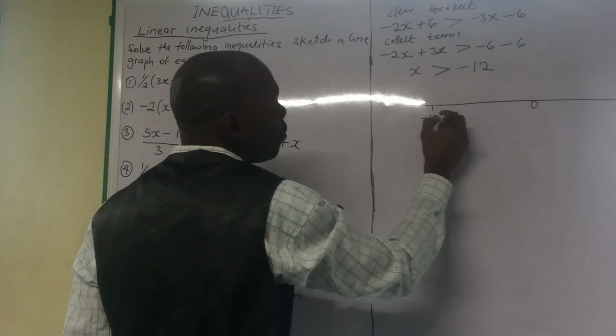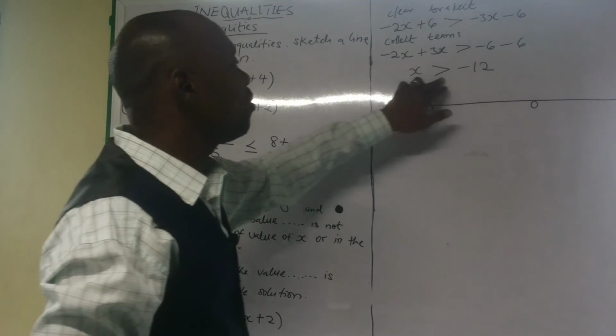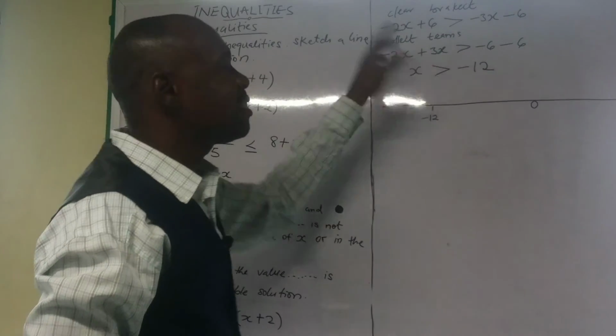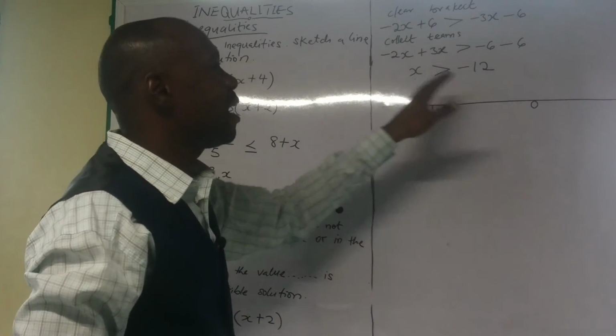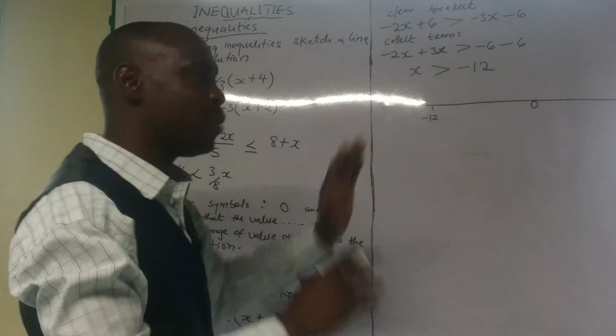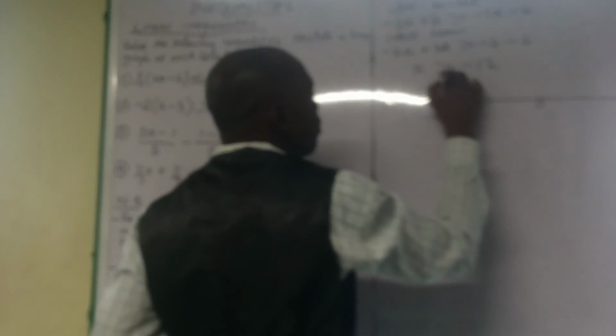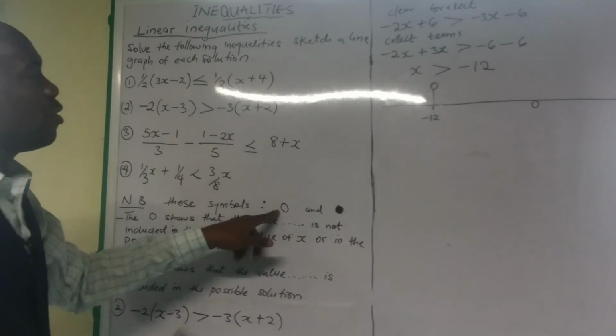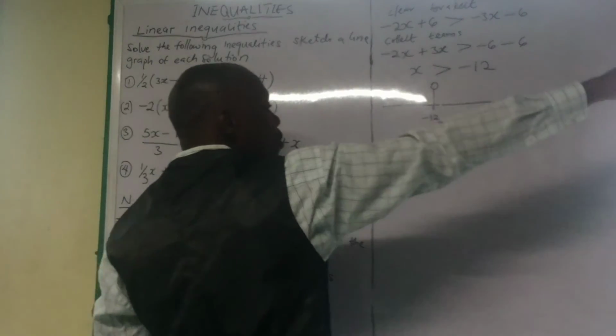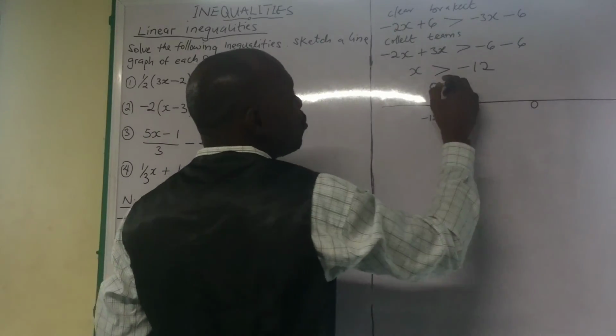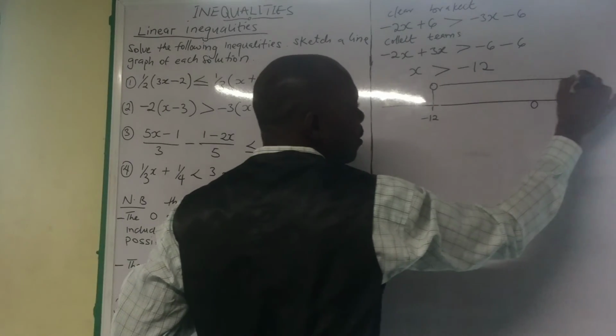You see this sign is just greater than, not greater than or equal to, it's only greater than. So we just pick it up like this. You put the 0. You see where our arrow points, so we just push it like that.